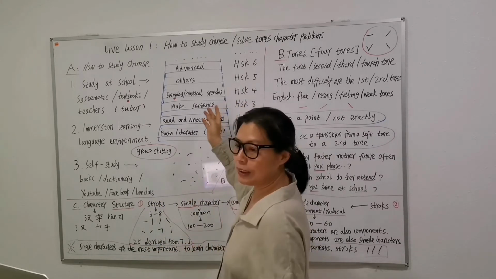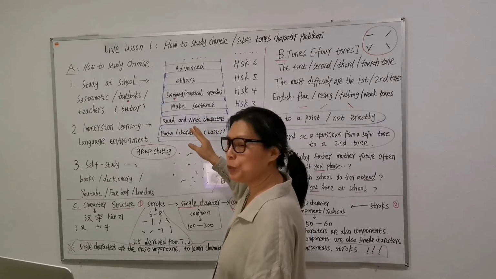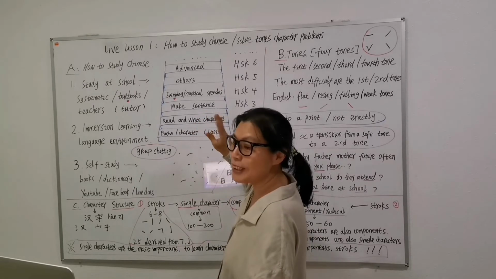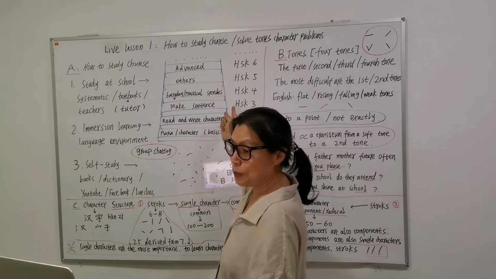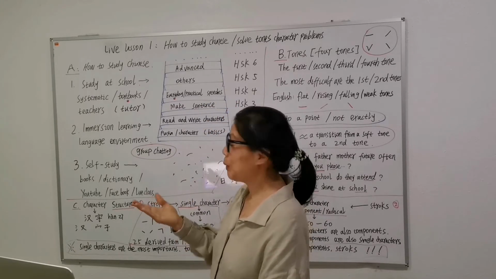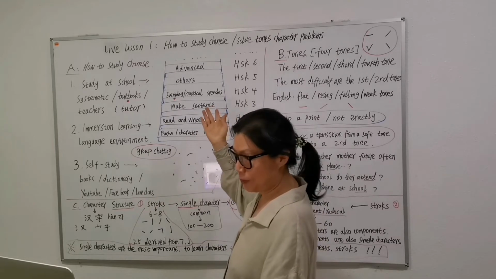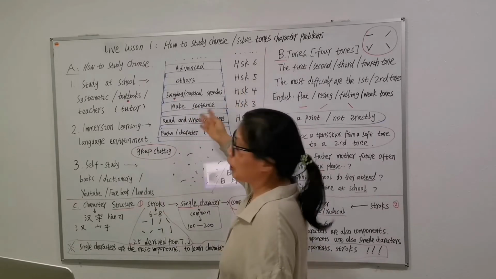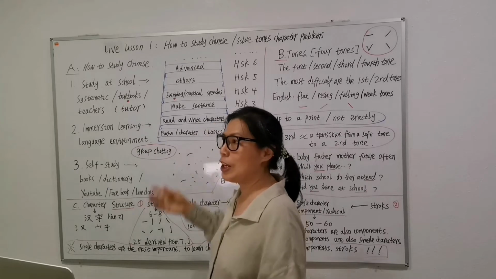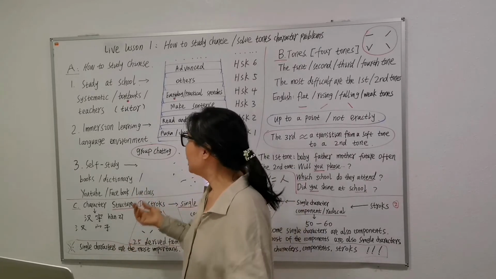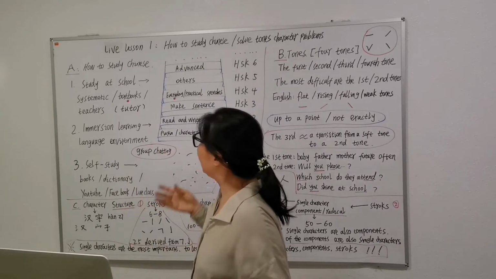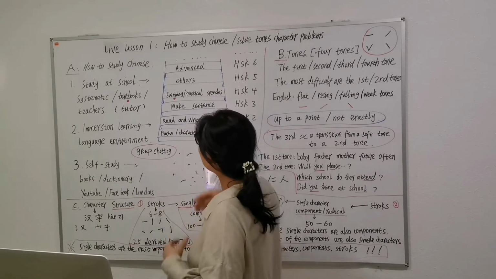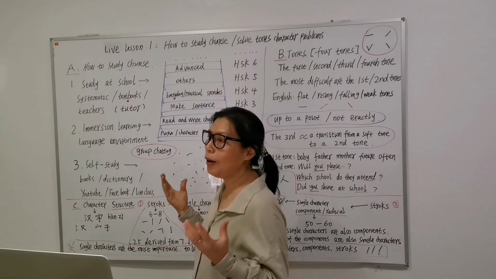You can study these two systems together, in sync, or you can choose one of them. It's up to you. But these two are their system. Now you know what their system is. Then, even if you study, you teach yourself, you still can learn in a systematic way. How?